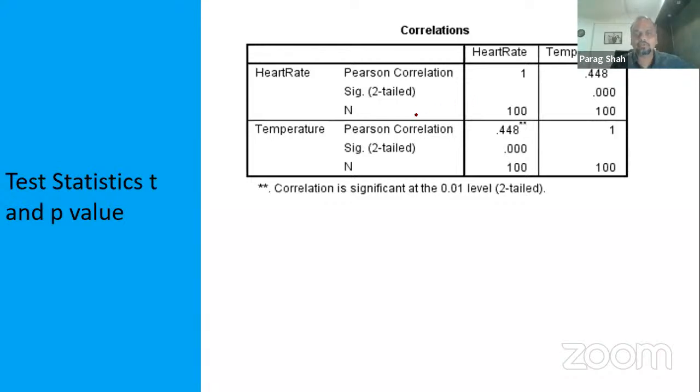So what does it show? The correlation between heart rate and heart rate is 1. It is always 1. Correlation between the same variable X and X is always 1. Correlation between Y and Y is always 1. Correlation between X and Y is the same as correlation between Y and X. So here you can see the correlation between heart rate and temperature is 0.448.